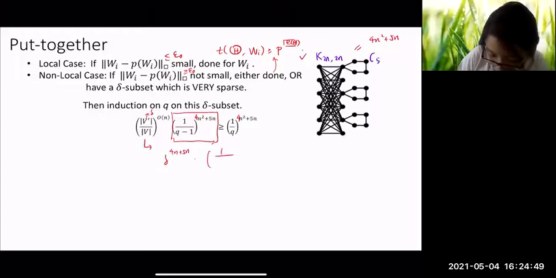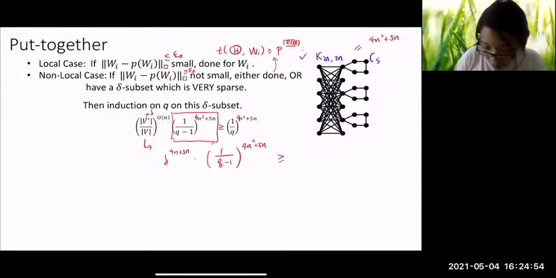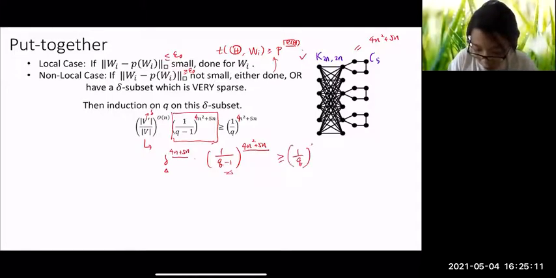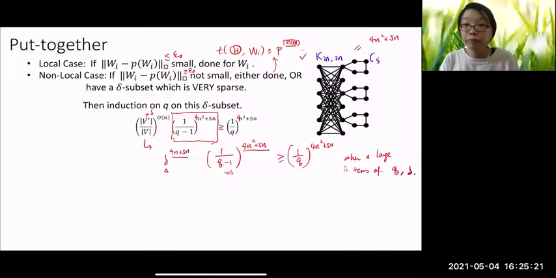And then we multiply this bound coming from induction. And we can see when Q is fixed, then when n gets larger, this part can offset this delta, because the exponent here is quadratic in n and the exponent here is only linear in n. So this is at least 1 over q to the 4n squared plus 5n when n is large in terms of q and delta. So that shows why this induction might make sense.